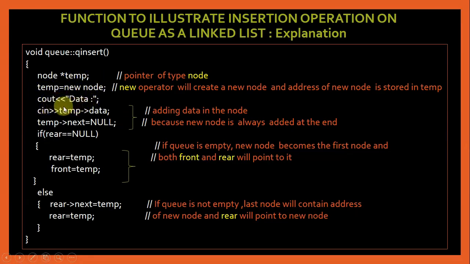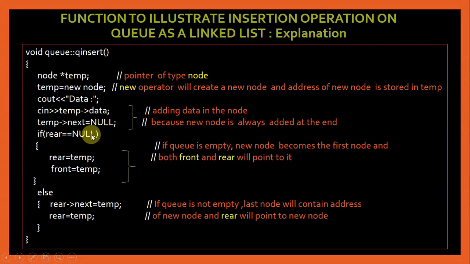Now cout data, we are displaying that you have to enter the data now. We will input data using the statement like this, and then we are storing null in the next, because whatever node we add to the queue is always added as the last node. So automatically the next portion will contain the null.